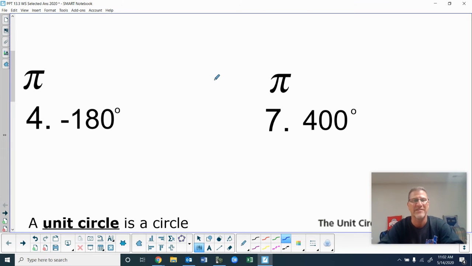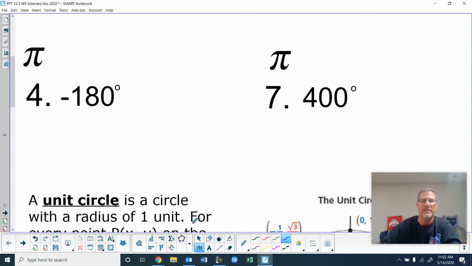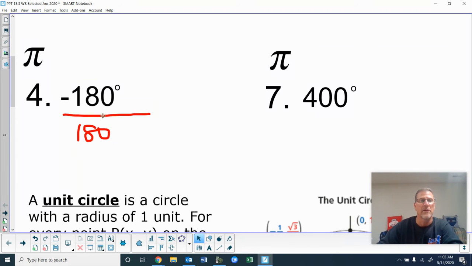These two, number 4 and 7 from the worksheet, we are changing from degrees to radians. What I like to do on these is we multiply by pi over 180, but basically that means we're just dividing by 180 and putting pi in our numerator. So you just divide by 180 and make sure pi is in your numerator.